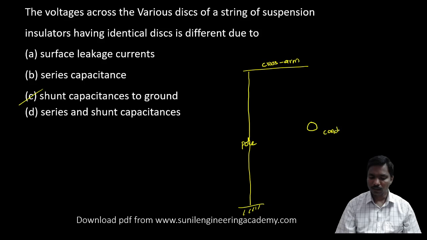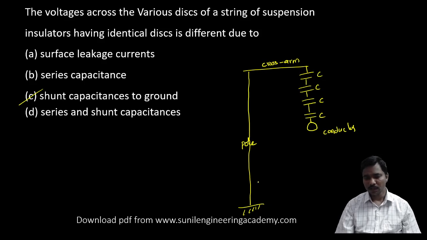If we have a 4-disc insulator, each disc will be represented as a capacitor. So there is a self capacitance between the discs.